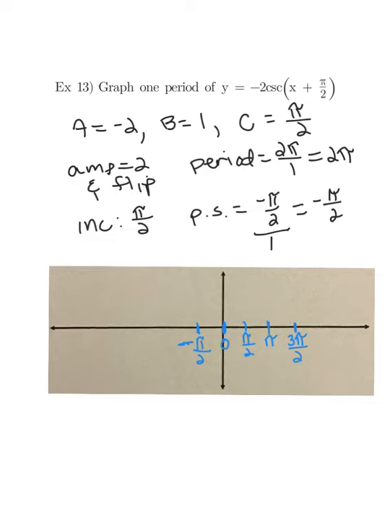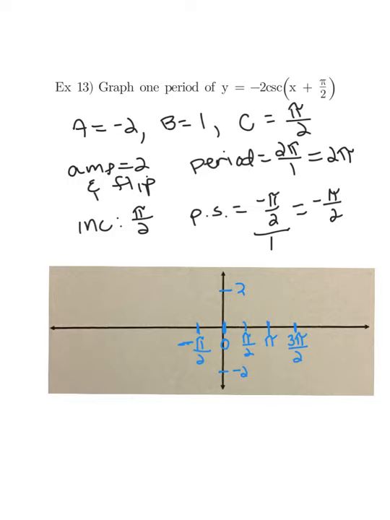Our amplitude is 2, so our vertical labels will be 2 and negative 2. This is a cosecant, so our sketch function will be a sine. But remember that we have to flip it because of the negative sign.